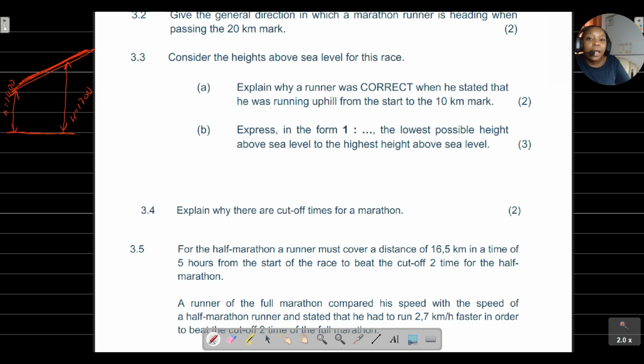Okay, so that is why the runner was correct when he stated that they would be moving uphill at that point. Okay, so the runner is correct, because we noticed that the height above sea level increases from the start to the 10-kilometer mark.